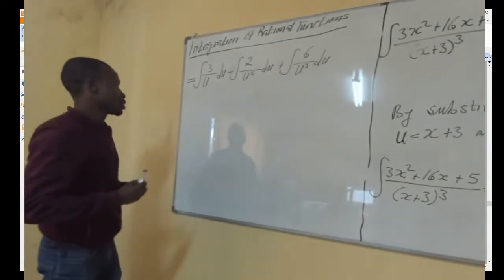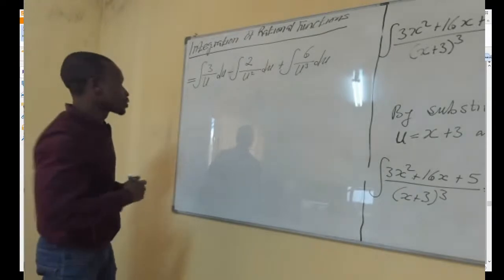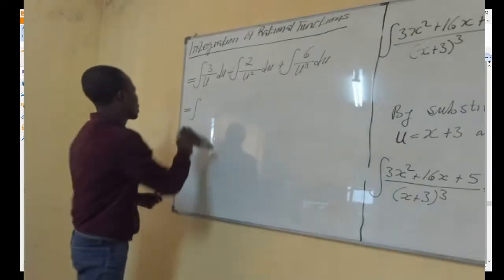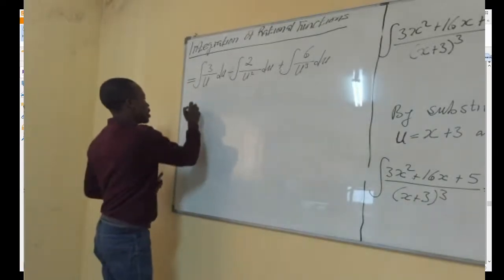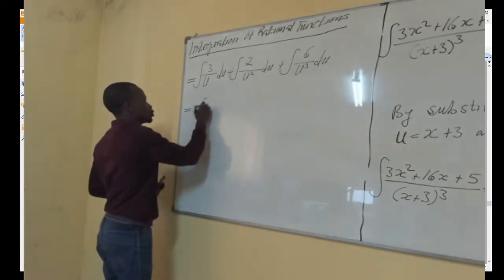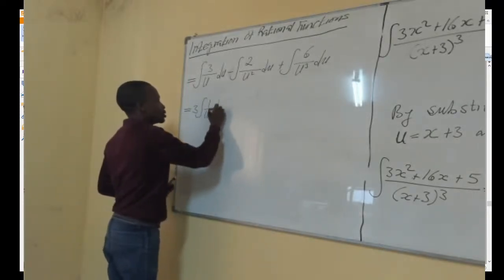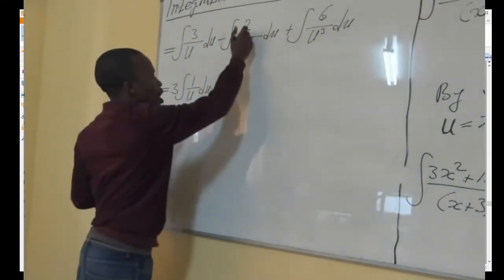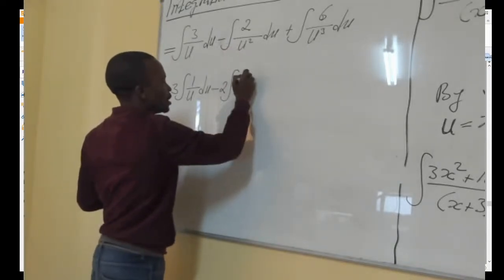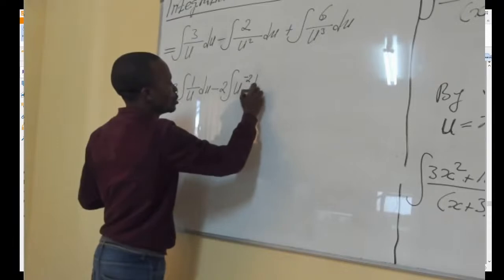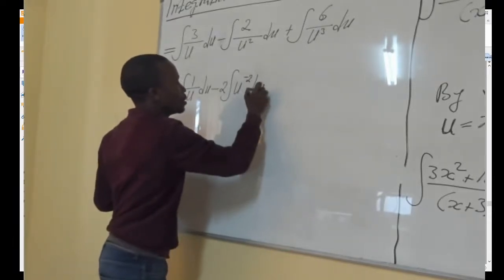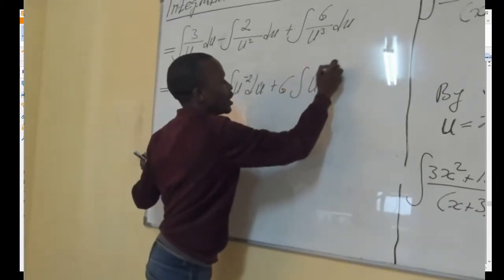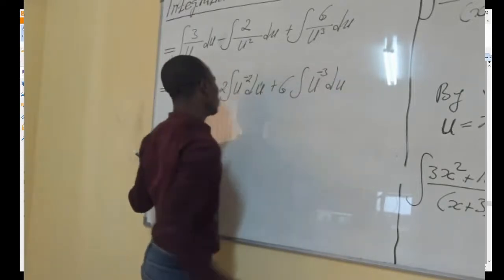So then this one becomes 3 times the integral of 1 over u du minus 2 times the integral of u to the power negative 2 du plus 6 times the integral of u to the power negative 3 du.